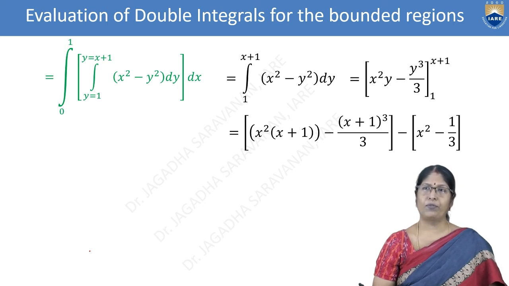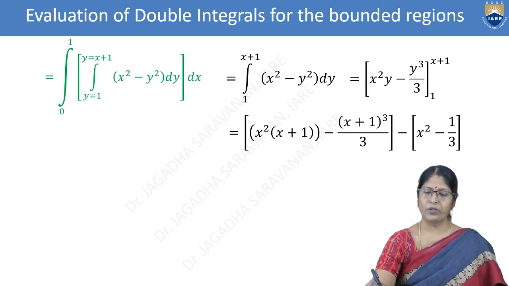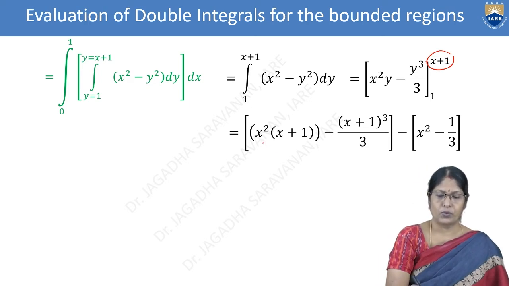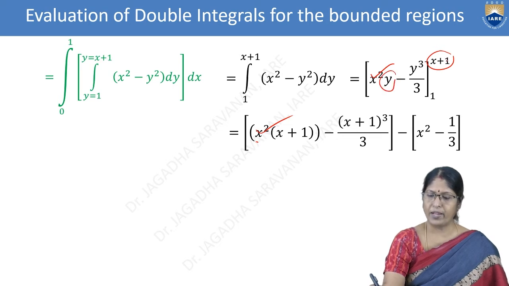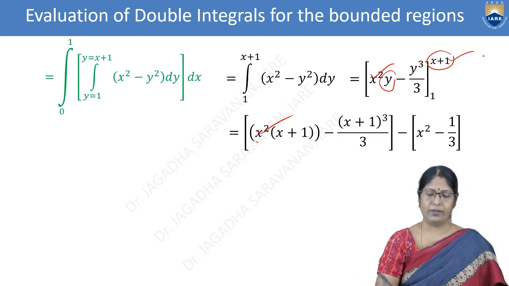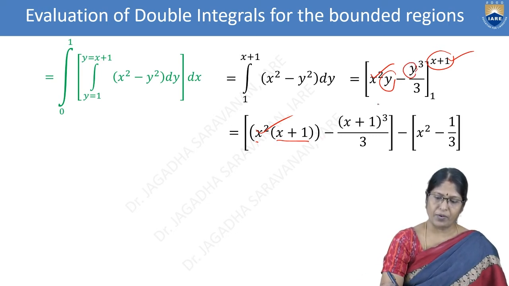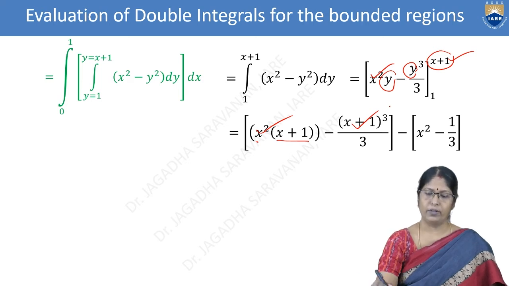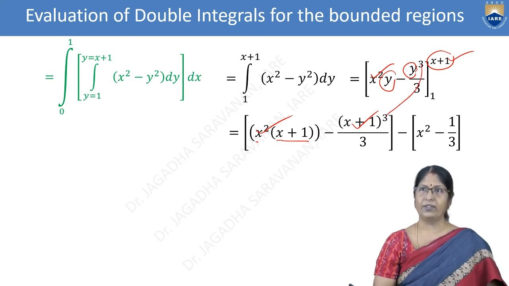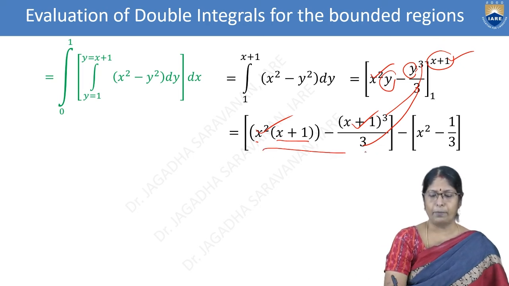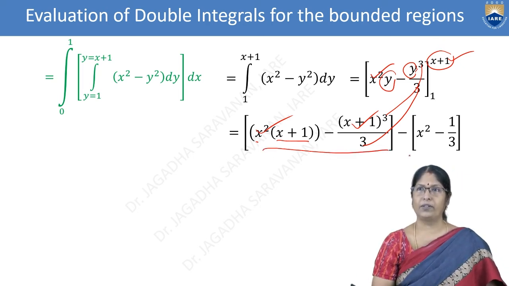In the place of y, we are going to substitute the upper limit x plus 1. So x square as it is, y is replaced by our upper limit x plus 1, minus, y is replaced by x plus 1, the cube is written as it is, the 3 is written as it is. So the upper limit work is completed.